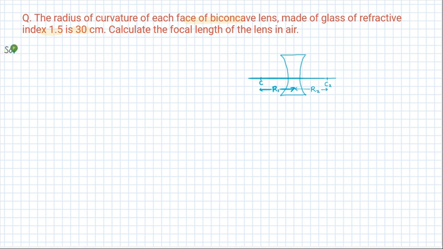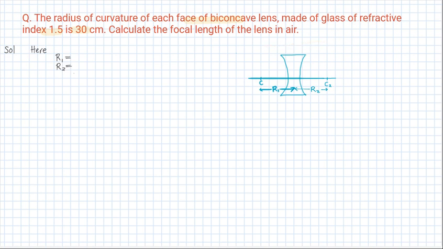Here R1 and R2. In the question they have mentioned that the radius of curvature is 30 centimeter, but note, for this first surface, this radius of curvature is measured in the opposite direction, opposite to your direction of the incident light.